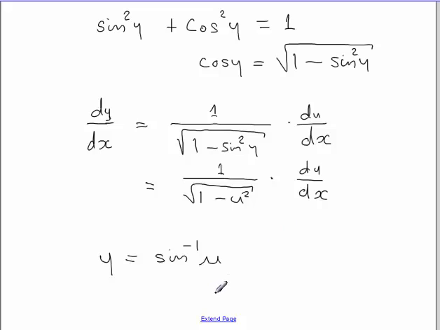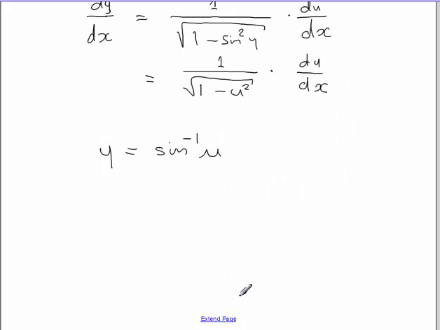So now let's see whether we can apply this to a situation like this. We've got y equals sine second function of the square root of x. So you see now our u is the square root of x.